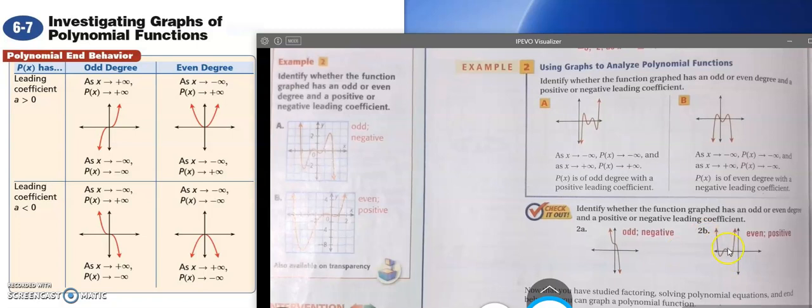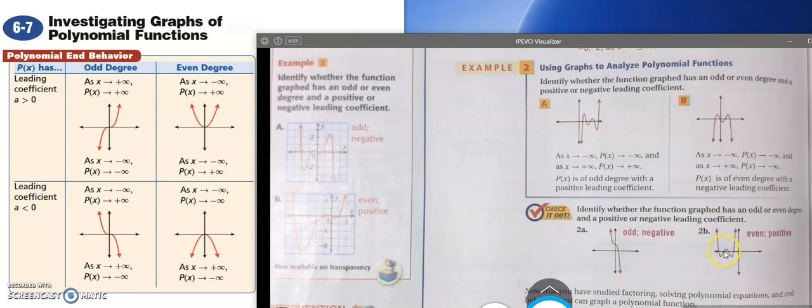All right, let's try this one. As x decreases, so as I go to the left here, as x decreases or approaches negative infinity, what happens to my graph? It increases. So as x decreases, y increases. And then if I go to the right, as x increases, y increases.